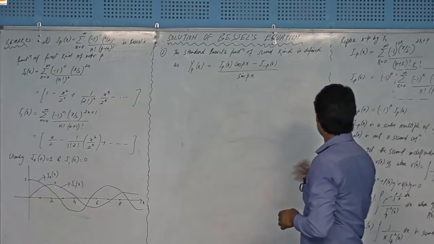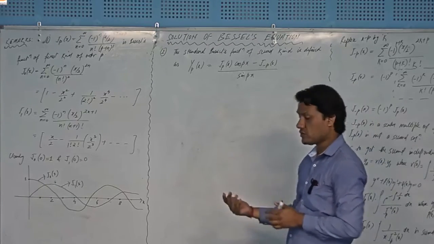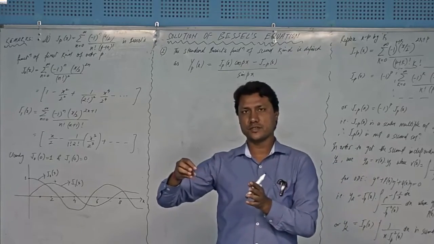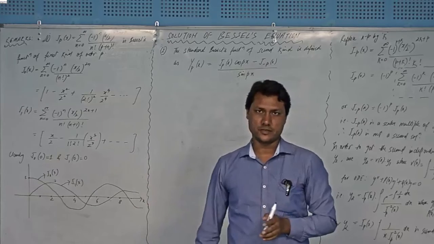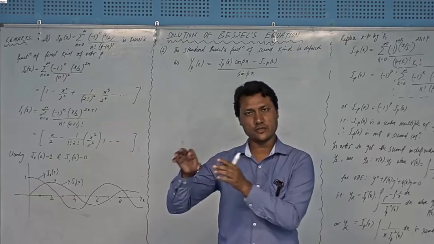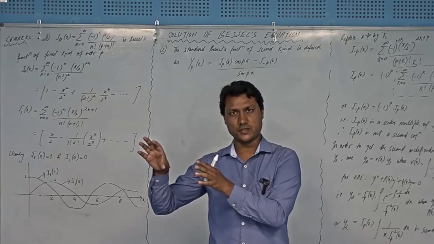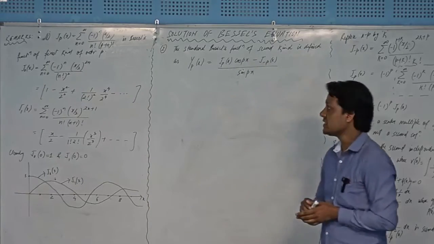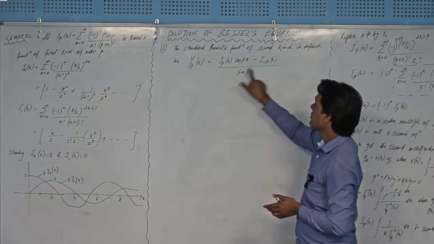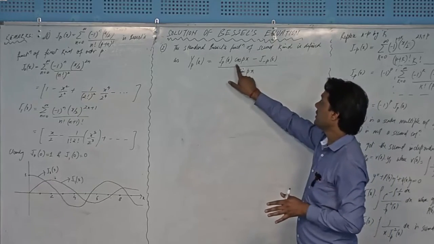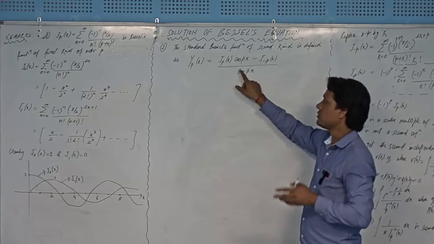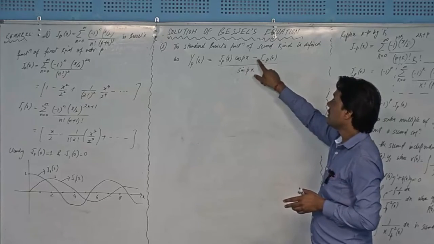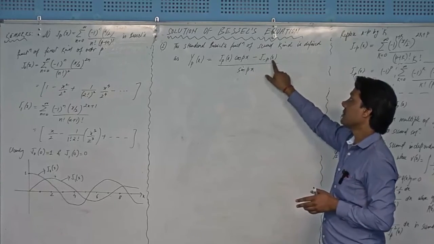Why? Because I have proved that. Our solution was of the form capital A times J_p(x) plus capital B times J_{-p}(x), meaning a constant multiplied with J_p(x) and another constant multiplied with J_{-p}(x), right? That was the solution, and this is indeed the same thing. You can see that if you write these terms in this way, this upon this and this upon this, the first term will be cos upon sine, or cot pπ, multiplied with J_p(x), and the second term will be 1 upon sin pπ multiplied with J_{-p}(x), with a minus sign.